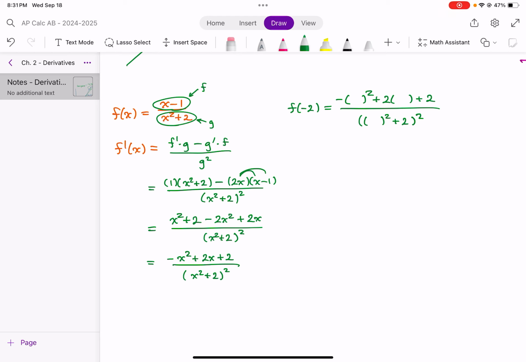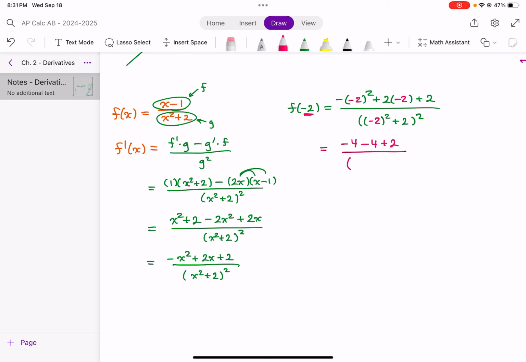Now I'm going to put in the -2, right? So -2. Notice how I have 2 minus signs there, right? -2, -2. Now we're going to calculate. -2 squared, that's going to be +4, but I got that other minus sign. So I get -4, and then I get another -4, and then the plus 2 there.